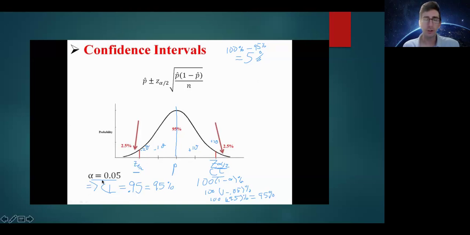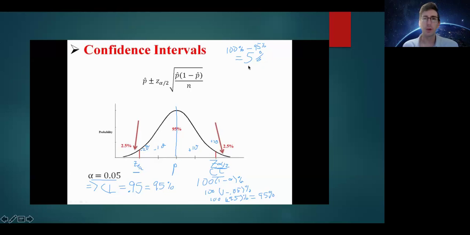Right. So if our alpha is 0.05 or 5%, that means we've got 5% left outside of our interval, right? And so this is where that divided by 2 piece comes in. We're not looking for a z-value where 5% of the area is left under the curve to the left and another 5% of the area is left under the curve to the right.